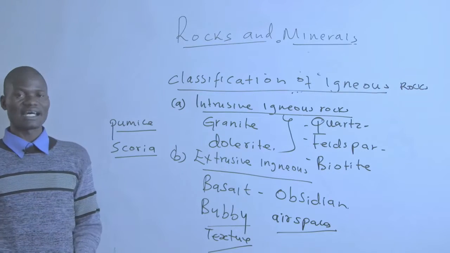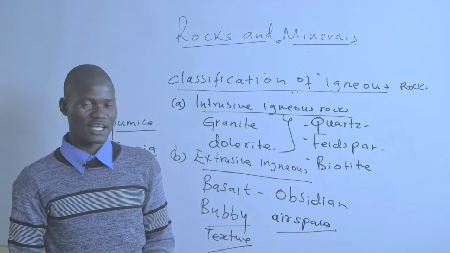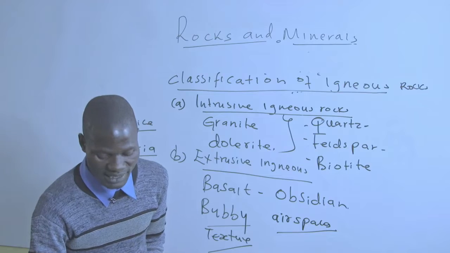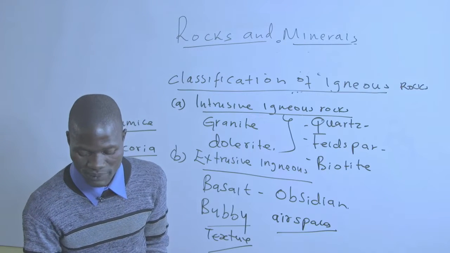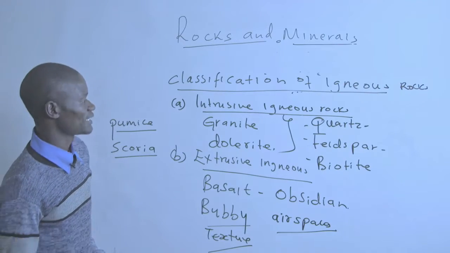Pumice is relatively lighter in color, but the scoria is dark in color, as you will be able to identify it, and we will look into it in the next part.